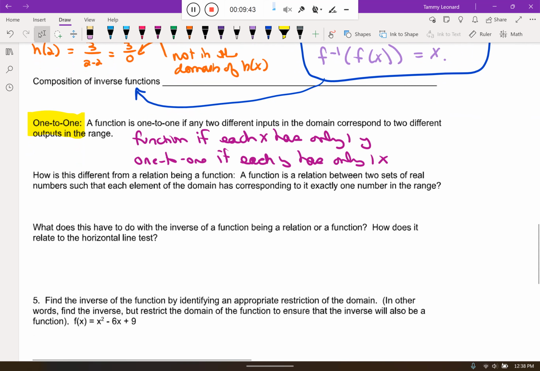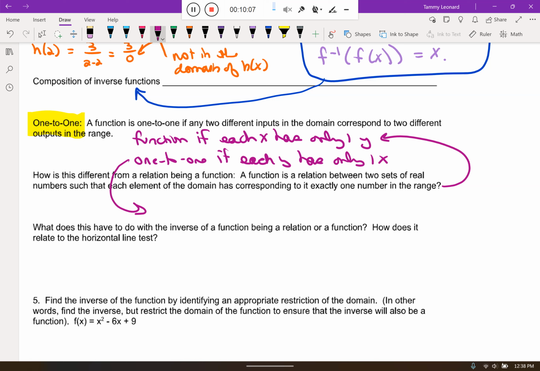If you look down below, I said, how is this different from being a relation? Well, a function is a relation between two sets of real numbers such that each element of the domain corresponds to exactly one number in the range. That's what I just described here. This is different because in one-to-one it also goes the other way. And then I asked, what does this have to do with the inverse of a function being a relation or a function?